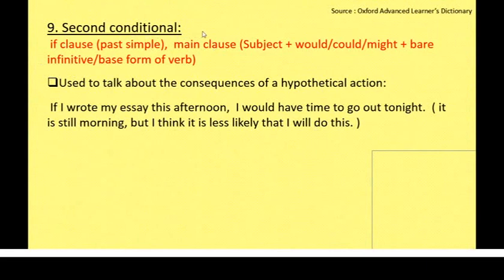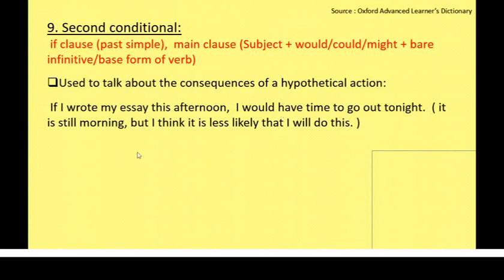Second conditional. If the if clause is in past simple, the structure of the main clause will be subject plus would, could, might plus bare infinitive or base form of the verb. Second conditional is used to talk about the consequences of a hypothetical action.